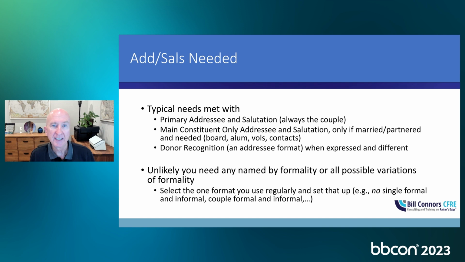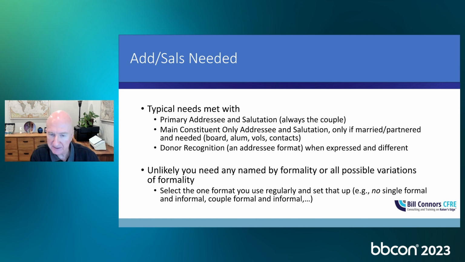So, what I like to do is have the primary addressee and salutation, of course. No big deal there. Everyone's familiar with that. I like to use what are called a main constituent only addressee and a main constituent salutation to address those situations where there's a couple, but I just need to address the main person, the volunteer, the alum, the board member, the contact.